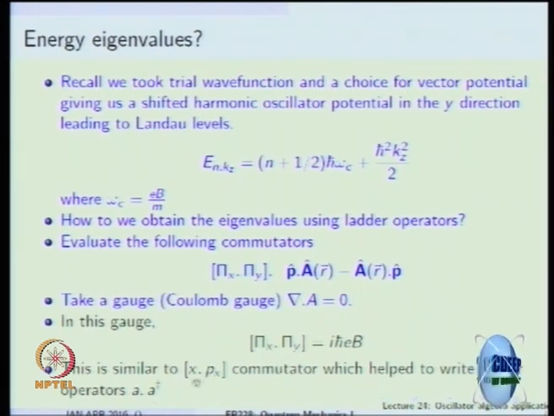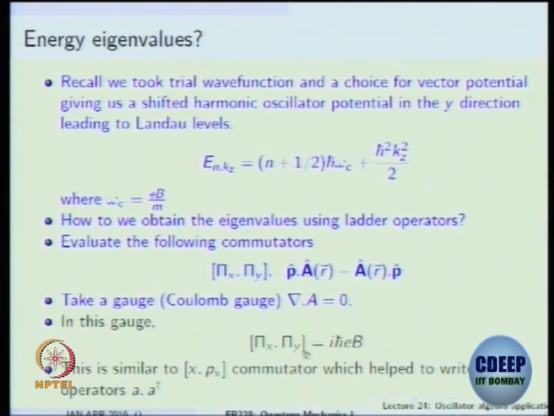Just like in the harmonic oscillator, where we have x squared plus px squared, putting m, omega, everything to be 1, here we have pi x squared and pi y squared, and similar to the x px commutator, which is constant and non-zero, we have pi x with pi y to be non-zero and a constant.